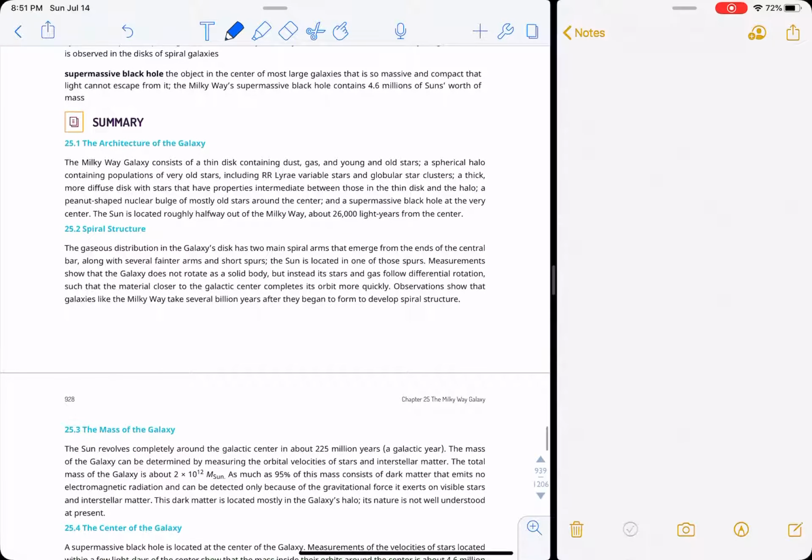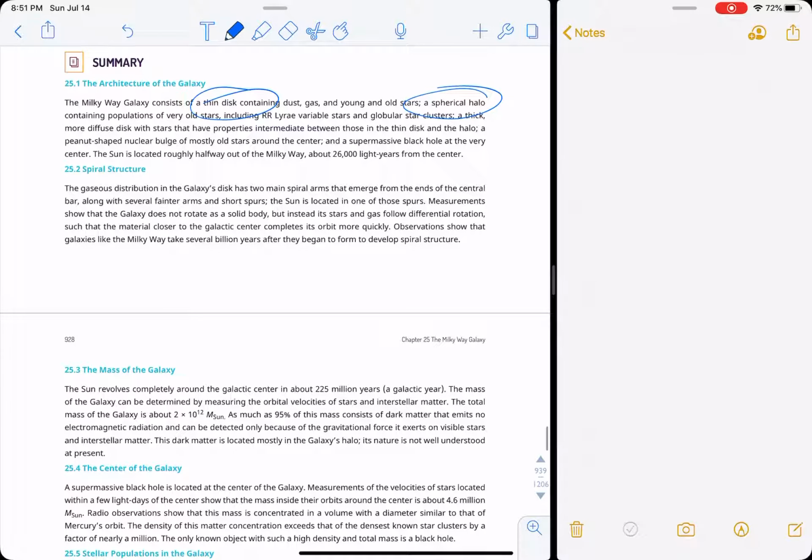Okay, so in summary, the galaxy has a thin disk. It could be barred or unbarred. Ours is a barred spiral galaxy. There's a halo where there's dark matter, population 2 stars, and globular clusters. We're about halfway out from the Milky Way's center, about 26,000 light years from the center.